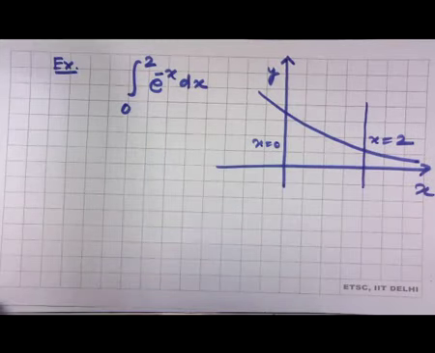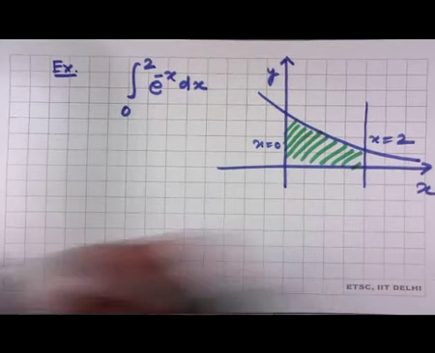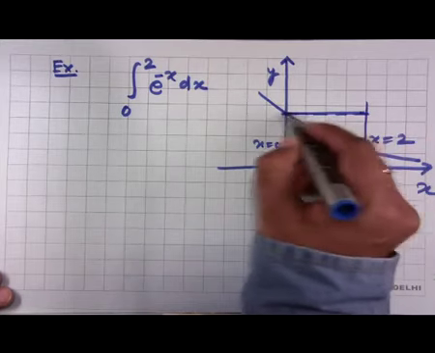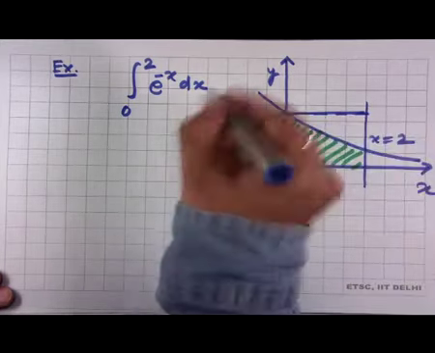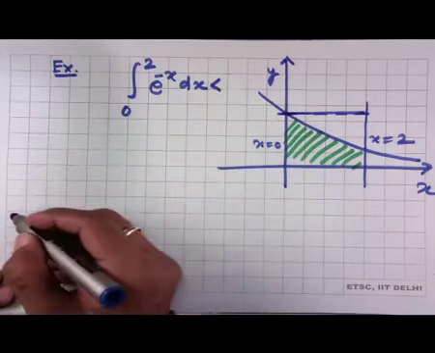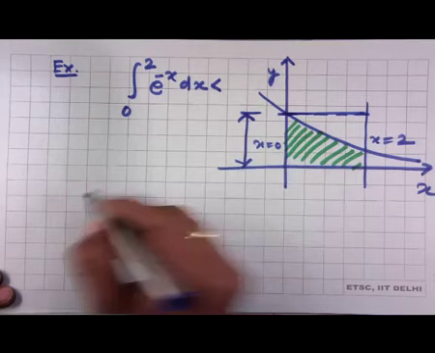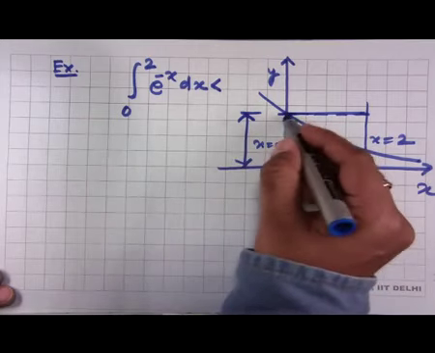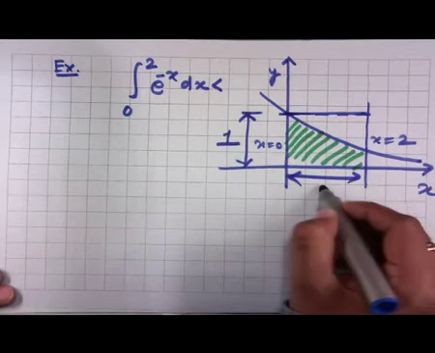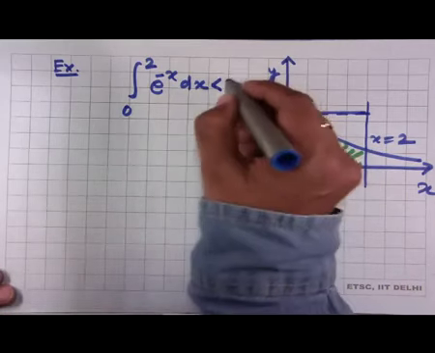So the actual area is this. To find the bounds, let us draw the rectangle. Because the function takes its maximum value at 0, this area will always be less than the rectangle. What is the height of this? This height is governed by the function value at 0, for e to the power minus x, so this height is 1 and this width is 2. So the upper bound of this area will be 2.